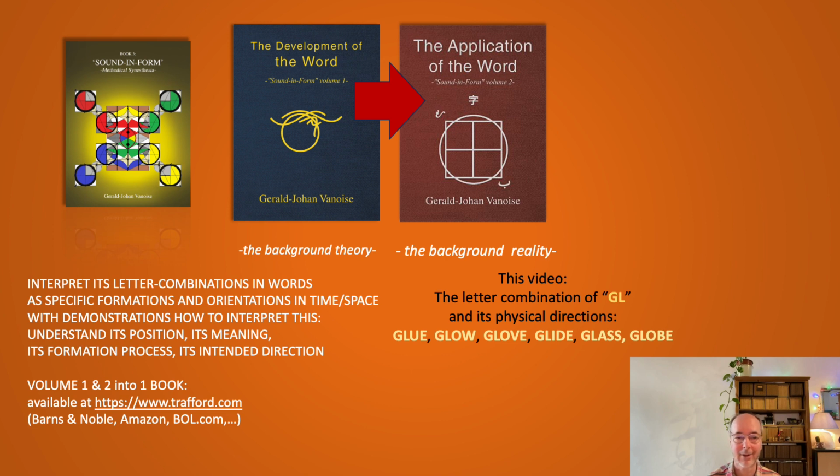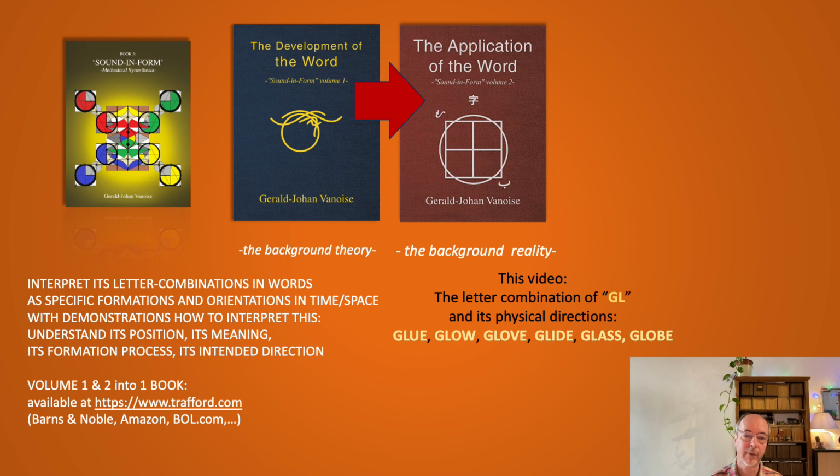This video especially is meant to express the combination of G and L in its perspective, how you can understand it well from the viewpoint of formation, from the viewpoint of its underlying directions, from all these kinds of viewpoints, so that you understand well that there are layers possible, but there is an underlying foundation in it.